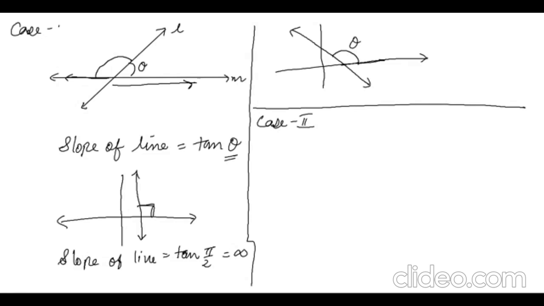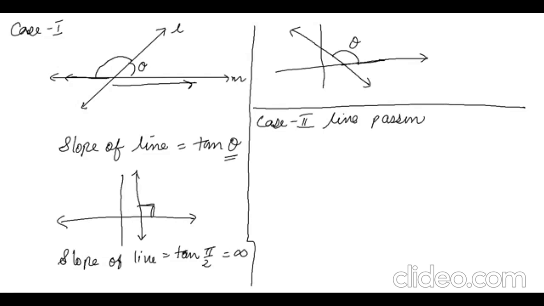Here, this was your case 1, where we are given the angle made by the line with the positive direction of x-axis.